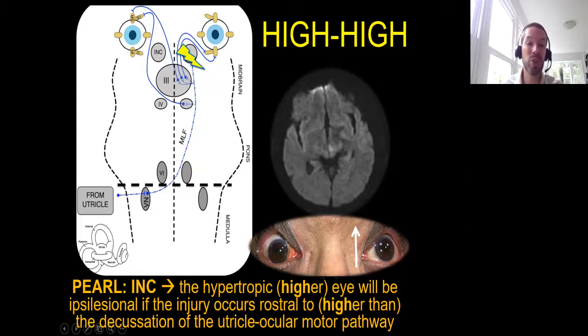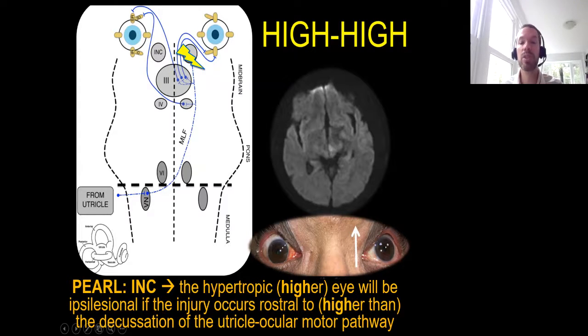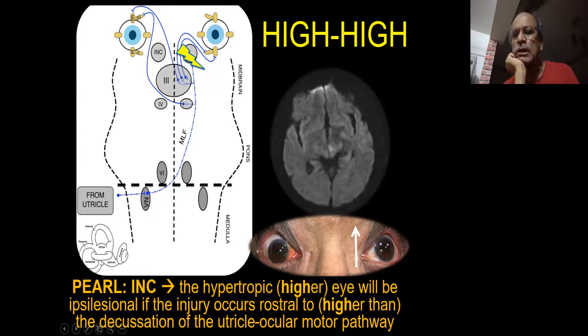Because there are lots of other structures around the INC, you might have partial or complete third nerve palsy, which, together with a concurrent skew deviation, can be very hard to diagnose. But also the rostral interstitial medial longitudinal fasciculus is in this vicinity, so patients can also have vertical saccade palsies. If you have a vertical saccade palsy, you know that you're in the midbrain. And if you also have a skew, then you can figure out which side of the midbrain you're on. Did that help a little bit?